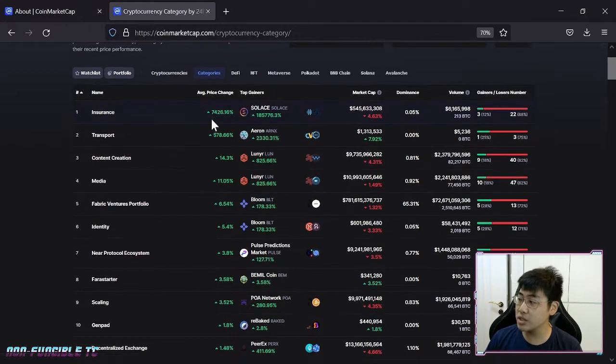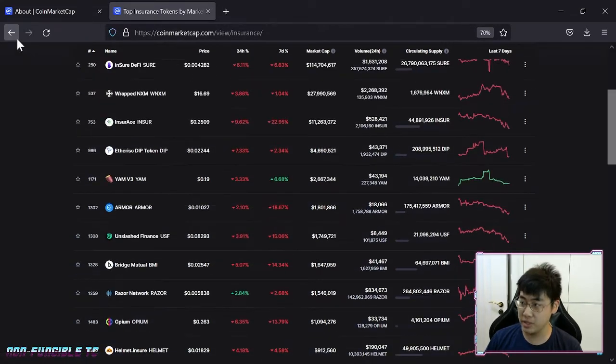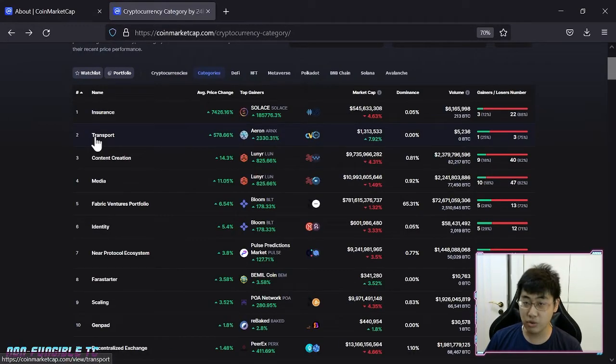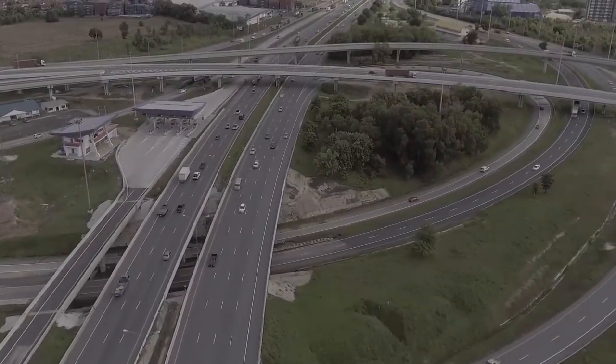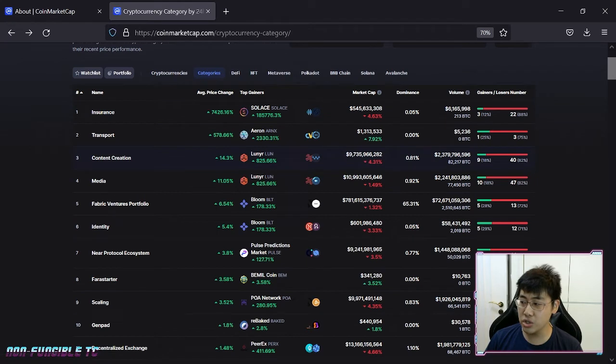Say for example, if you're interested in doing research on insurance cryptocurrency, you can click into it, and then it will show you all the different types of projects that are related to insurance. And vice versa, if you want to look at transport, if you click on it, it will show you all the other cryptocurrencies related to transportation. So it really shows you different types of applications of cryptocurrency.